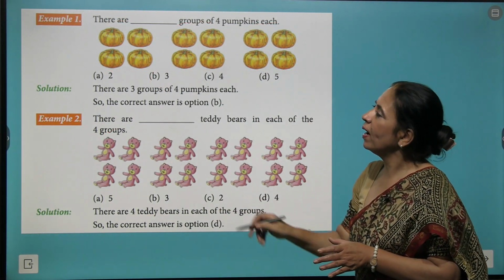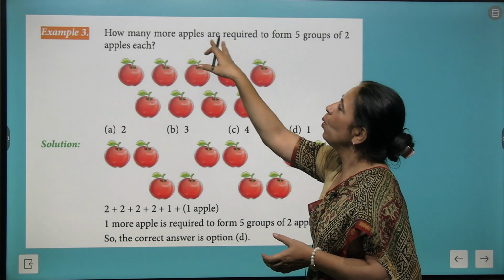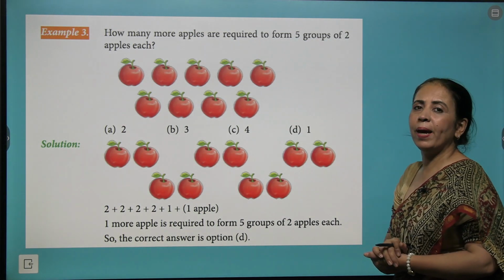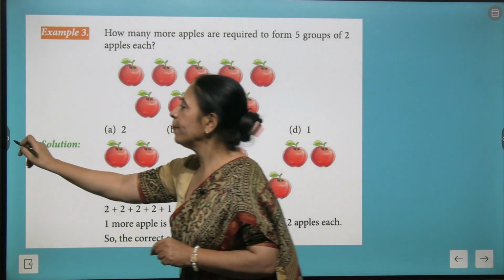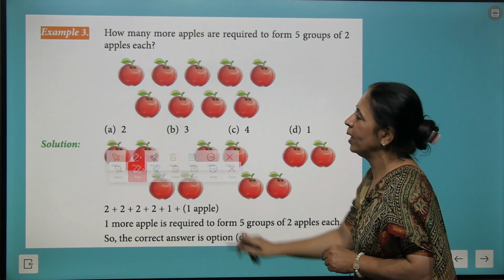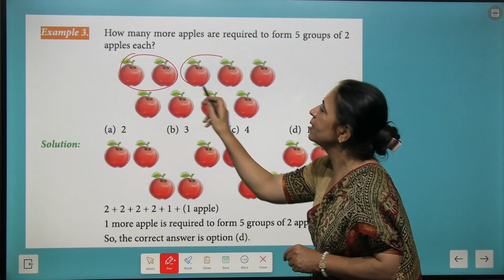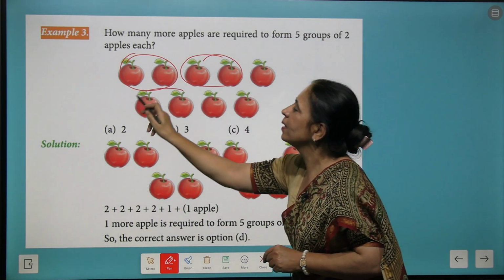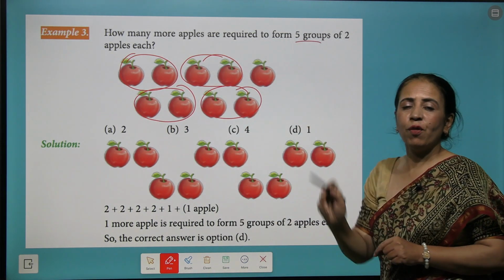Now let's take another very interesting example. How many more apples are required to make 5 groups of 2 apples each? That means each group has how many apples? 2 apples. Very good. So let's make a pair of apples here. This is the second group. We take the third group, and this is the fourth group, and we need 5 groups.